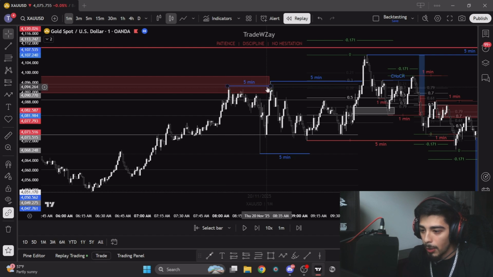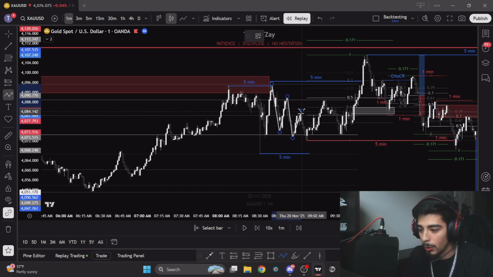So the 5-minute breaks structure to the upside, right? And then price starts retracing back down, making lower lows and lower highs. And then we have a change of character to the upside, right? So this is our 1-minute aligning back with the 5-minute.